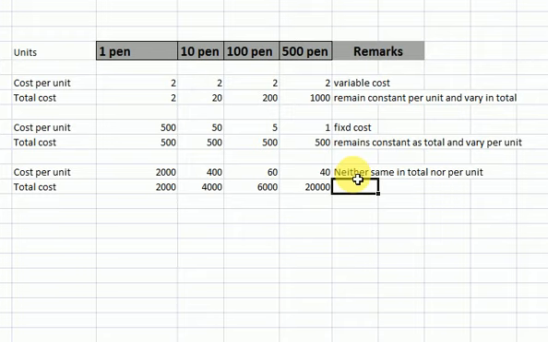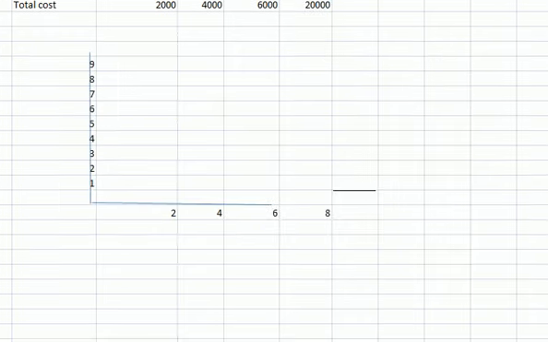If I show it graphically, let's suppose this is our unit cost, this is units, and here is total cost.